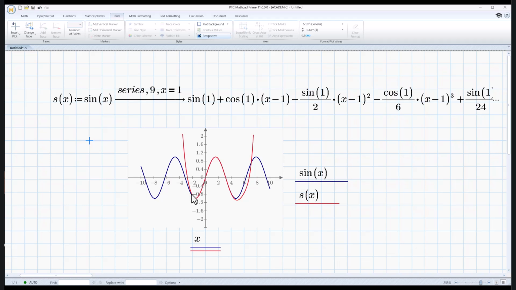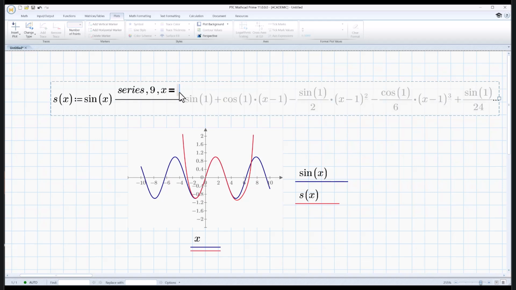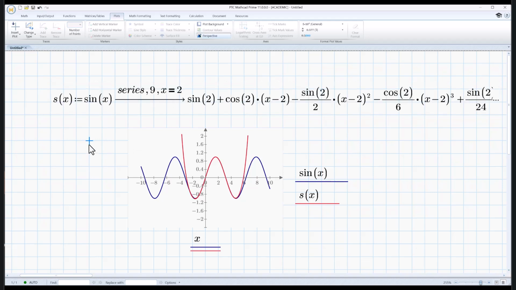The error starts to get big right around x equals -2 on that side, but on this side it's good all the way up to x equals 4. That's because I'm expanding about 1 and not 0. What happens if I expand about 2? All right, interesting. See, now it's nice and close right in there. What if I expand about 4?